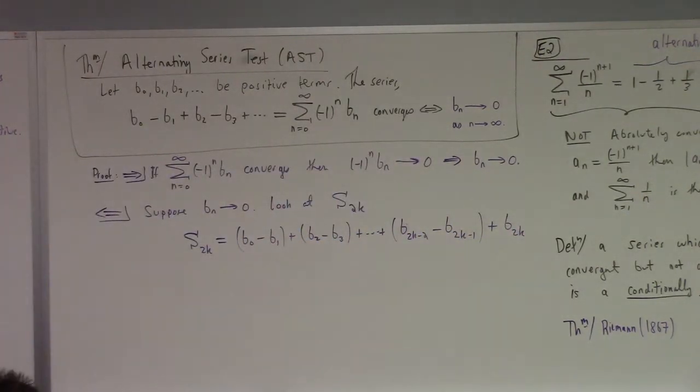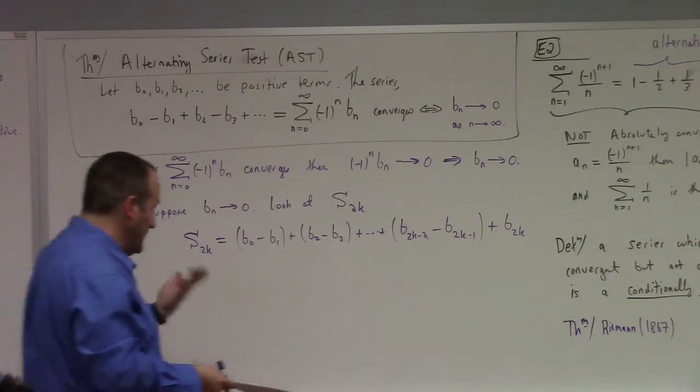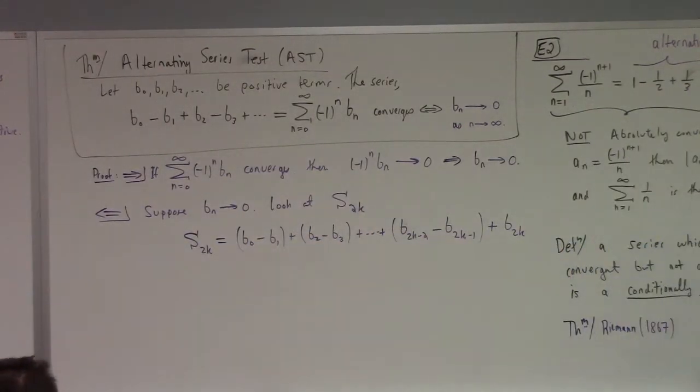In other words, I'm saying look at n equals 2k, the subsequence of even terms in the partial sum.